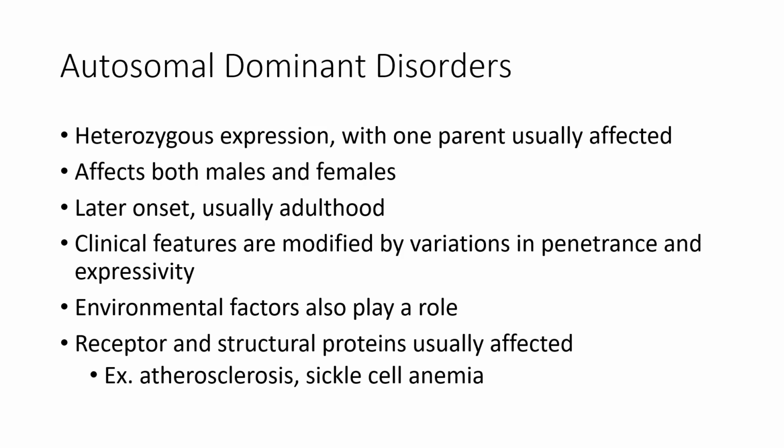This is why conditions like Huntington disease don't show up at birth, even though the mutation is there from day one. Clinical features can vary widely because penetrance and expressivity are doing their thing. Plus, environmental factors like lifestyle, exposures, and sheer bad luck play a role. Many autosomal dominant disorders involve receptor proteins or structural proteins, which explains why their effects tend to be systemic rather than isolated.